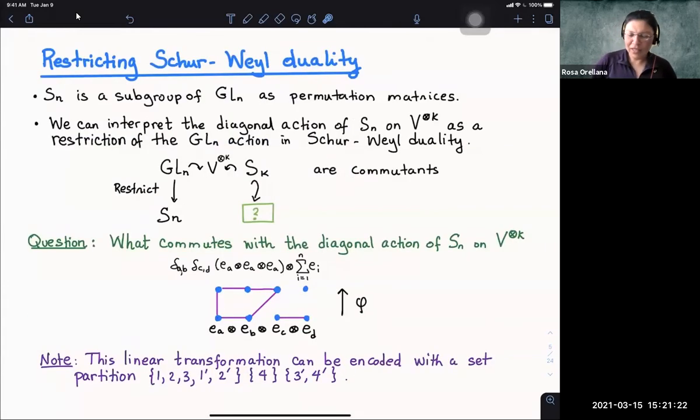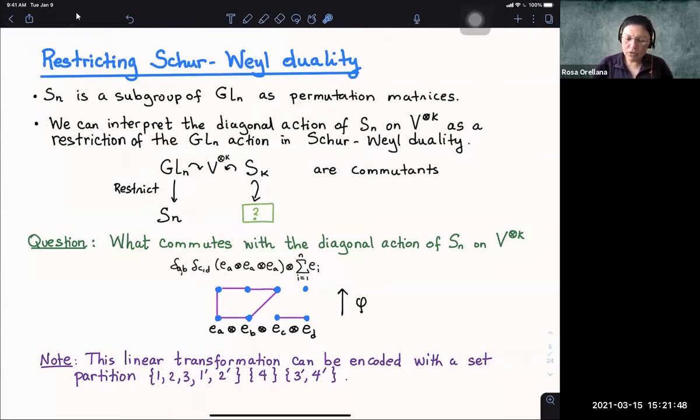What we notice is that this action that I just defined, I can think of Sn as a subgroup of GLn if I think of the elements in here as permutation matrices. If I think of these as n by n matrices, they are just the permutation matrices.